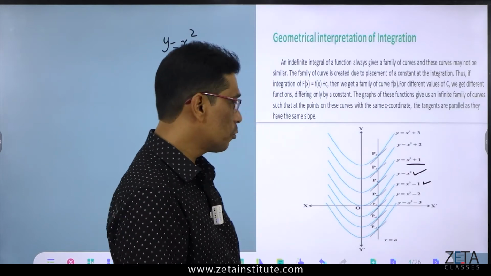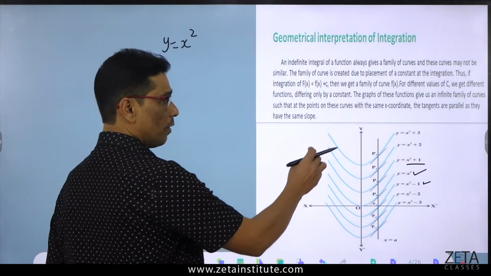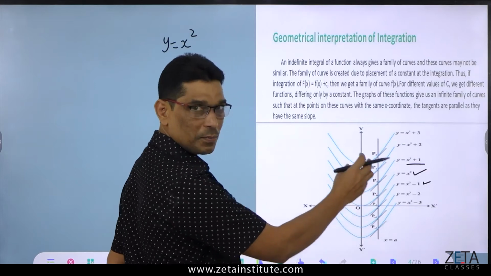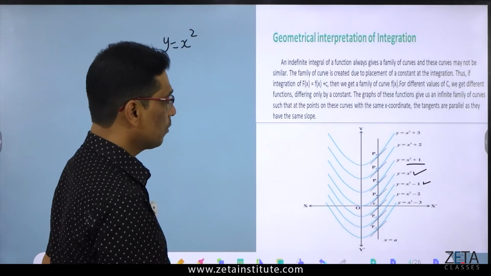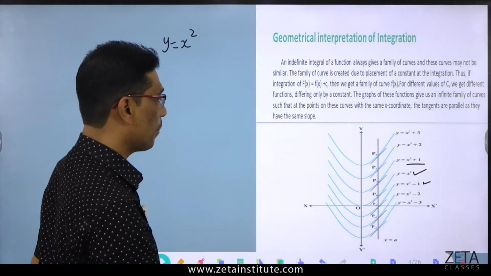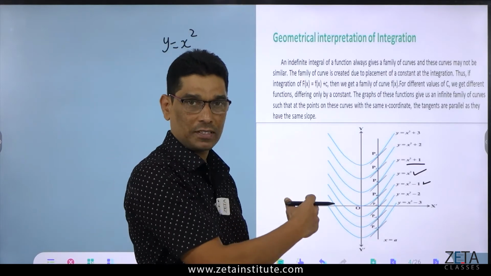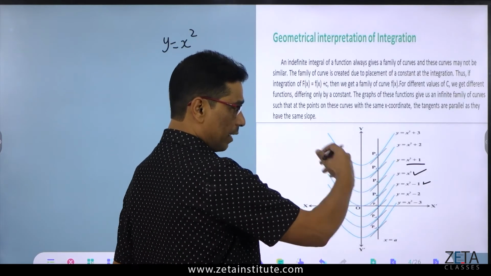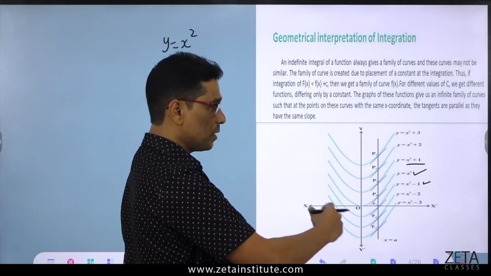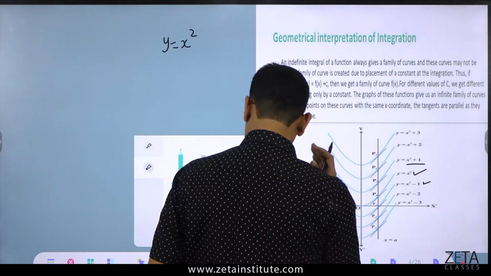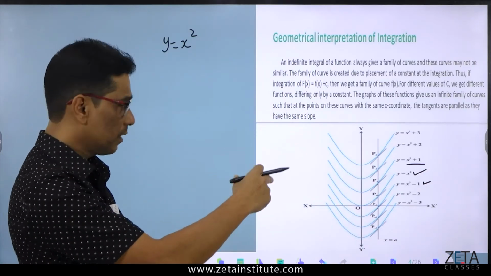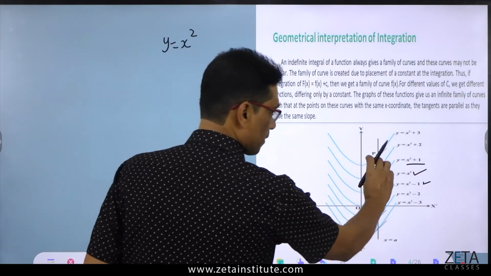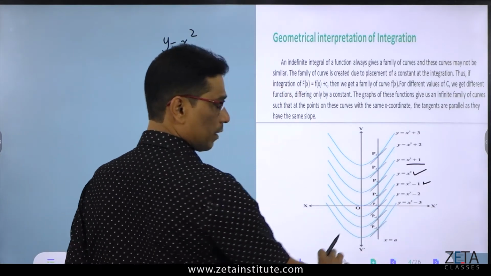I took the curves, and they are always parabolas. All are similar curves, keeping a constant difference from each other, the same difference everywhere.